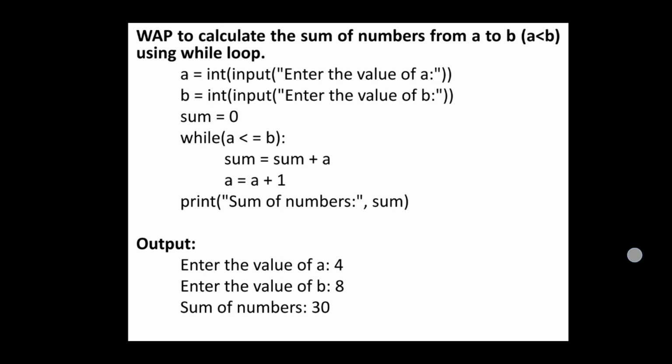Now 8 less than or equal to 8, true. So sum equal to 22 plus 8 equal to 30. Now A is incremented to 9, that is 8 plus 1 equal to 9. Now 9 less than or equal to 8, false. So sum of numbers equal to 30.